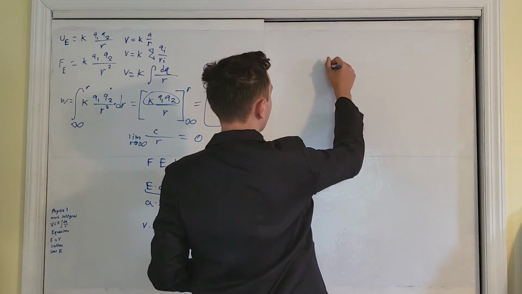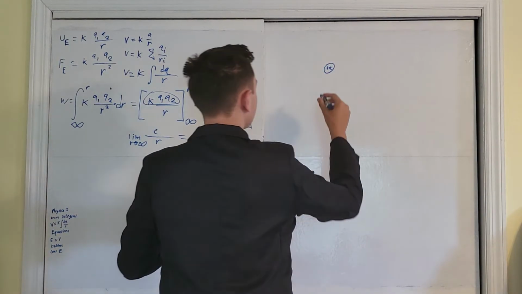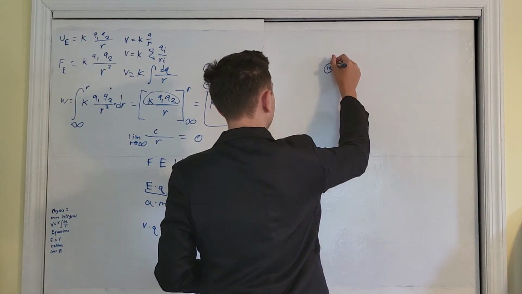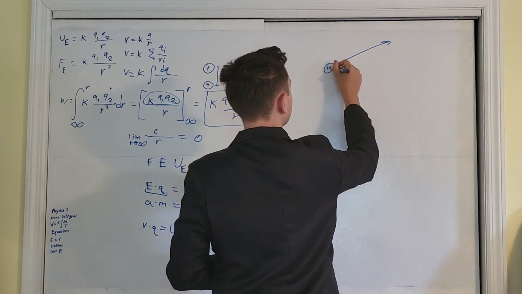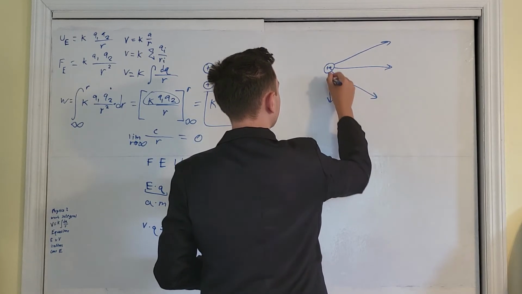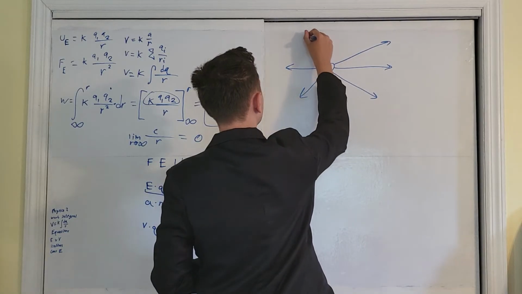If I were to have a point charge, let's call it plus Q, this point charge would exhibit an electric field, and that electric field would point outwardly from the charge, because we always analyze electric field lines and vectors as if we are dealing with positive charges.